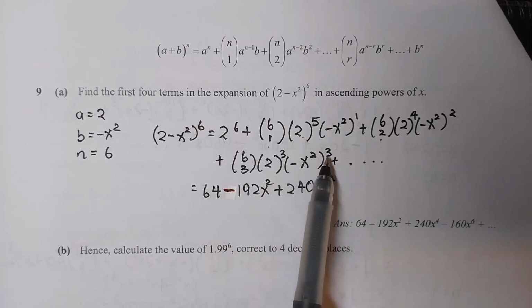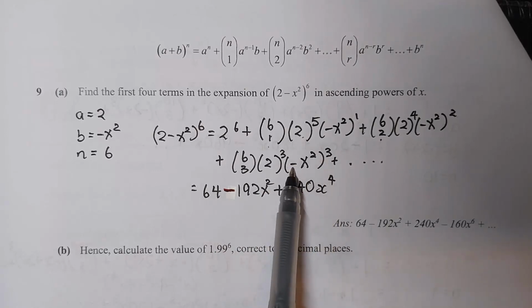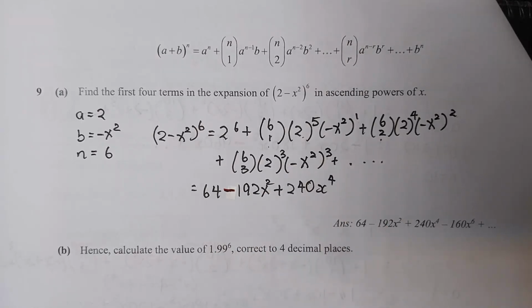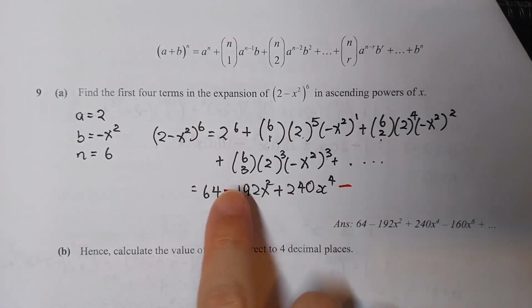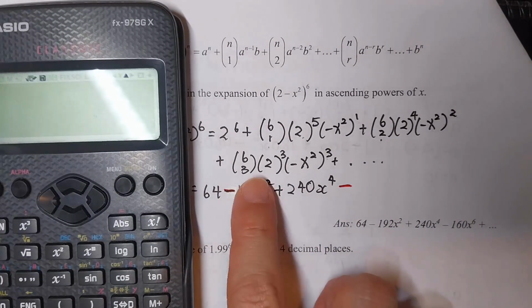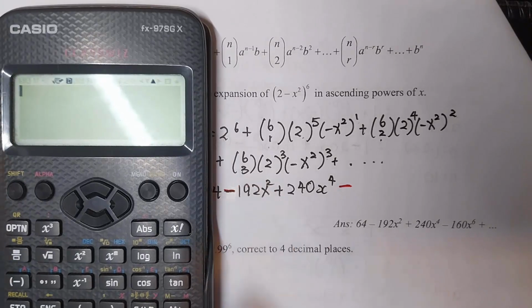Now, here we realize that it will be a negative sign with an odd power, and we also remember that the signs will be alternating. So I will show you using the calculator how we get the last part here. So 6 choose 3 multiplied by 2 cubed.